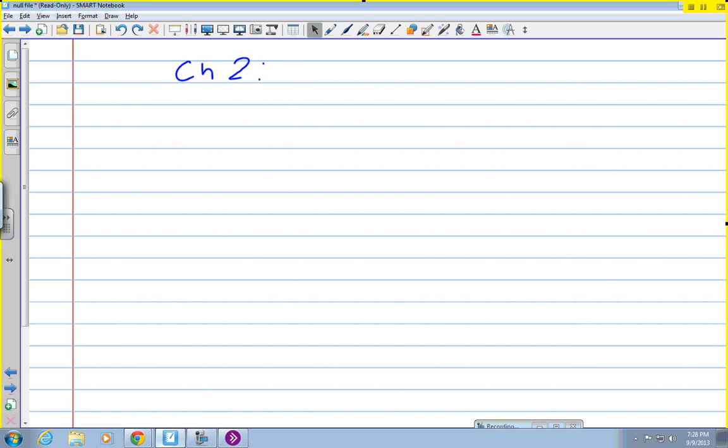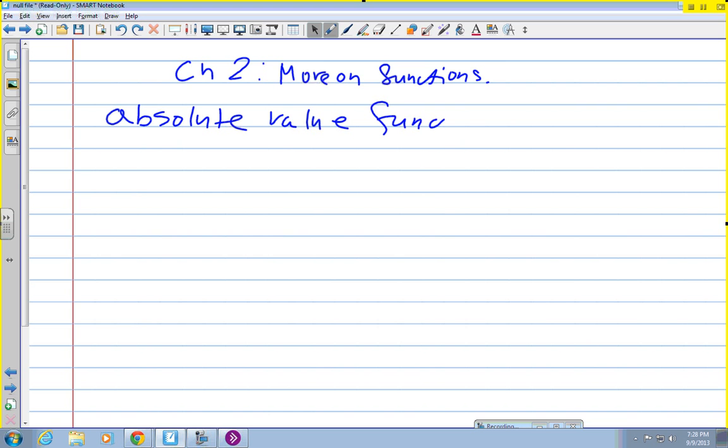More on functions here. I want to remind you of a very friendly function, the absolute value function. f(x) equals the absolute value of x. All right?